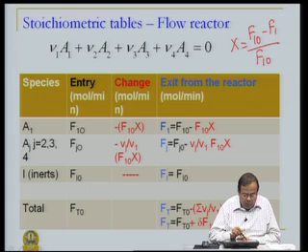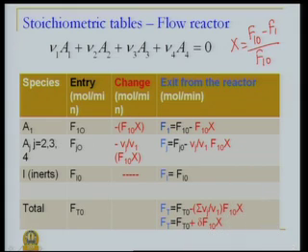Then we can sum up all these species and write what is the inlet flow rate, what is the outlet flow rate, and we write the outlet flow rate in a compact form. Ft, the total, is Ft0, that is what is coming in, plus this delta which is minus summation nu j by nu 1 into F10 into x. So, this is my stoichiometric table.